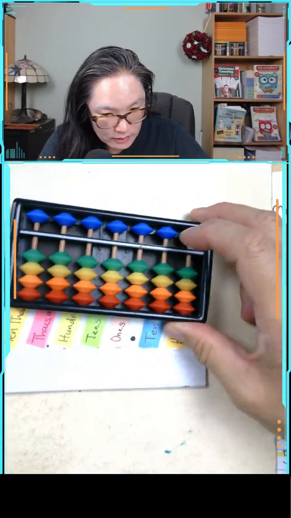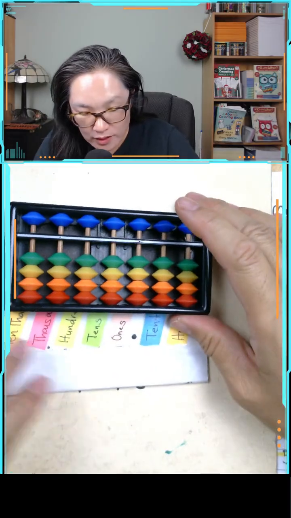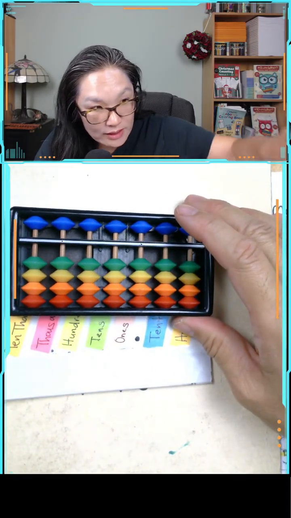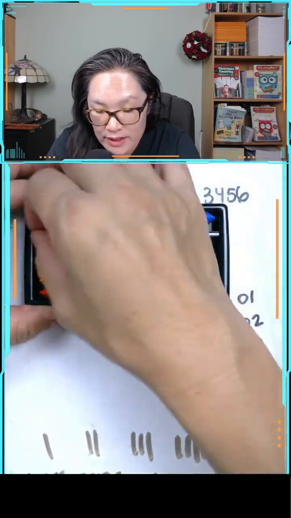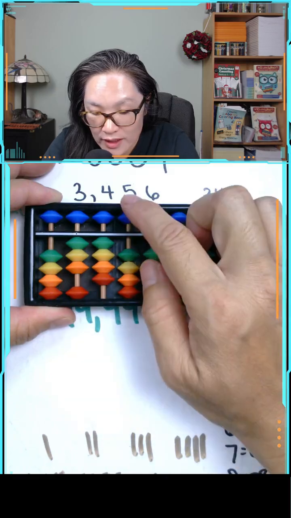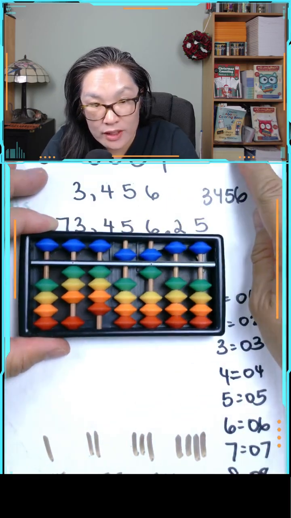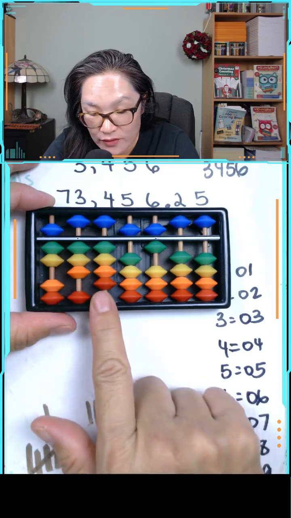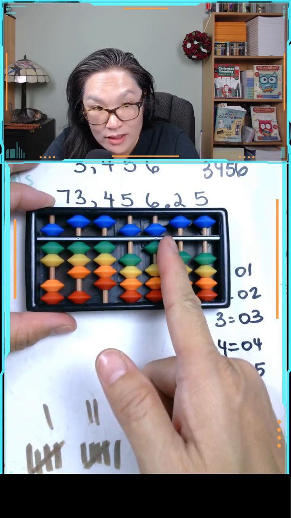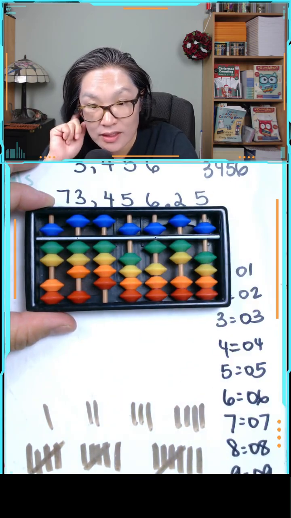When we're looking, the last 2 are a decimal. So if this is 3,456, and if I wanted to do 73,456 point, there's the decimal right here, then it would be 20 and then 5. Does that make sense?